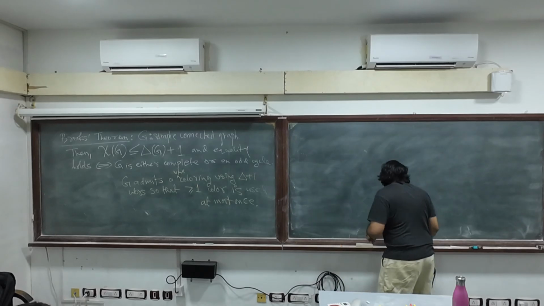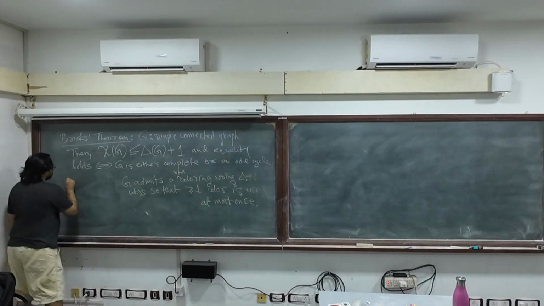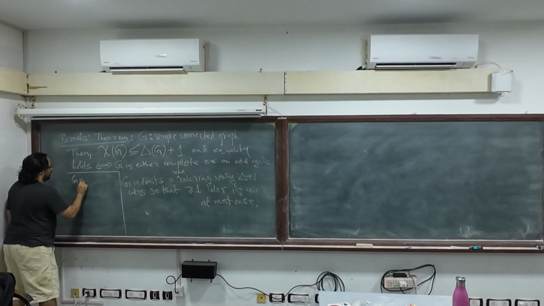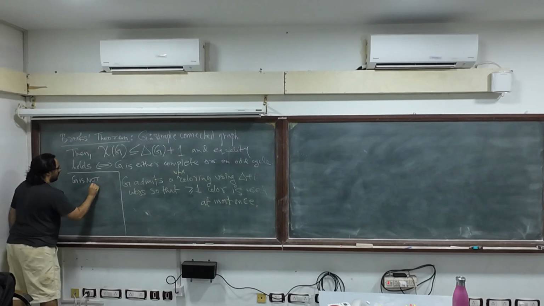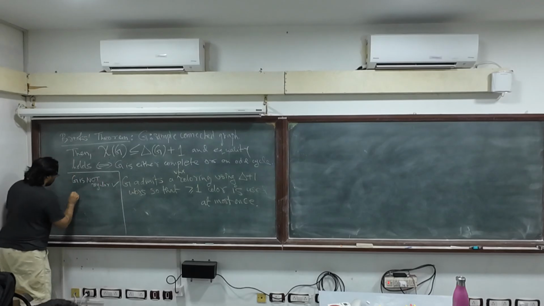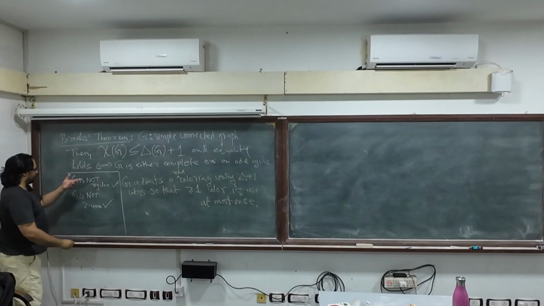So let's record what we have done. G is not regular. Done. G is not too connected. Done. We will actually forget this.